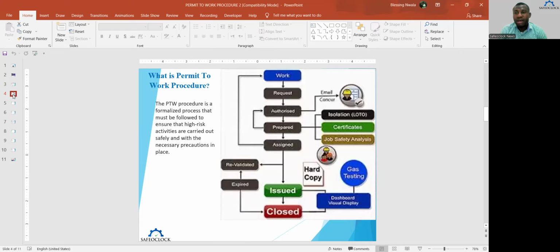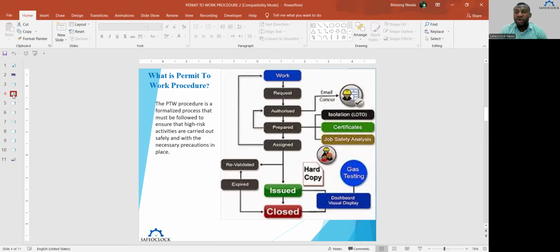Depending on the workplace, the industry, and the activity being carried out in that organization, different organizations adopt different procedures. But generally, a permit to work procedure is the formalized process that the organization or the workplace adopts to ensure that the job is properly analyzed and only authorized persons or authorized jobs are being carried out.